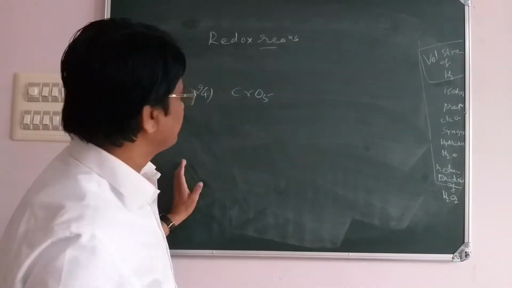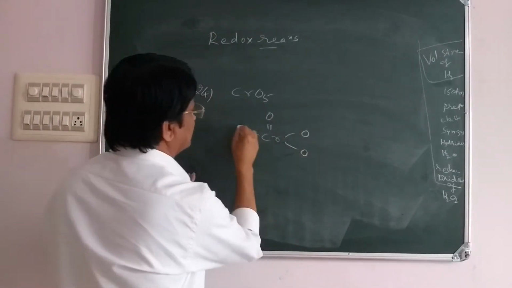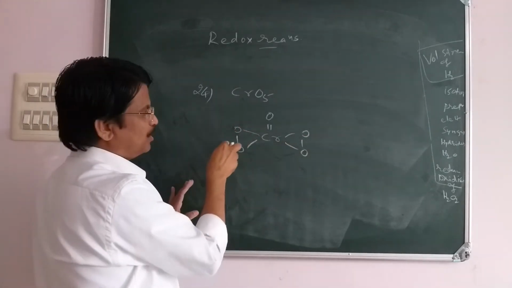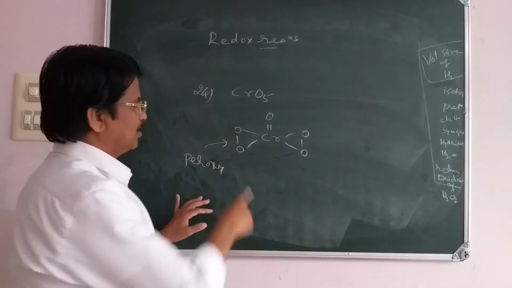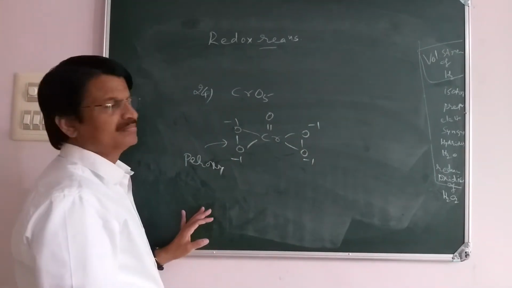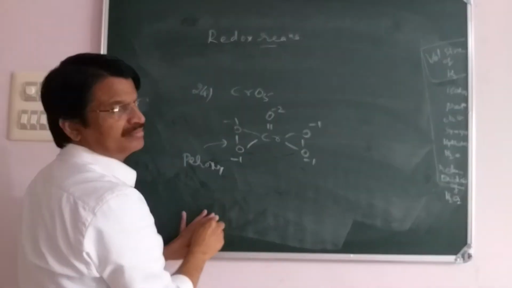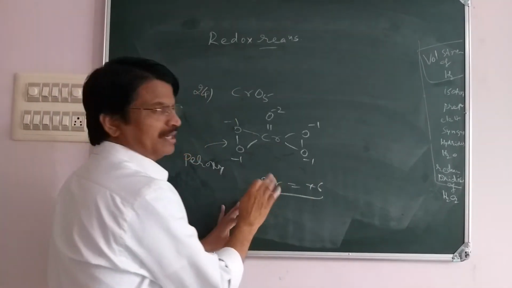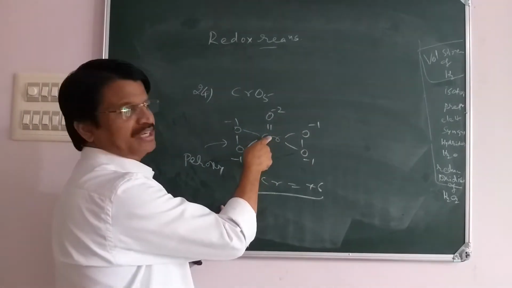Now see here, CrO5. O-O, it is a peroxy linkage. This has to be a peroxy linkage. If it is peroxide and O, therefore -1, -2. Based on this, directly -1, -2, +6, Cr +6.